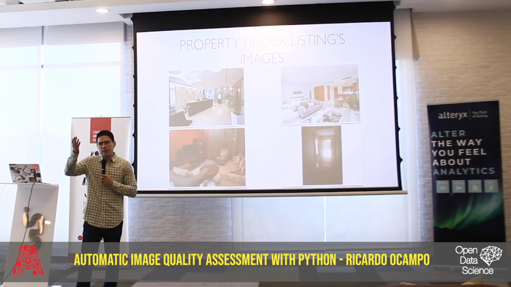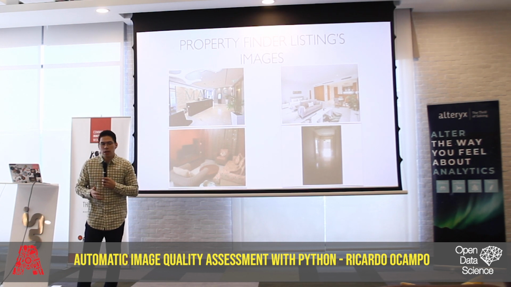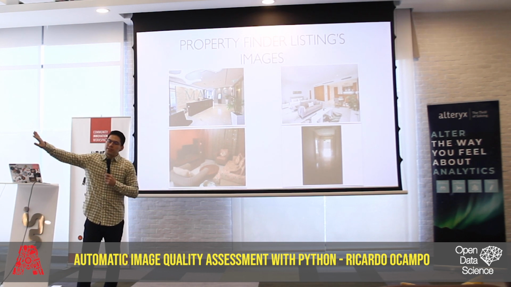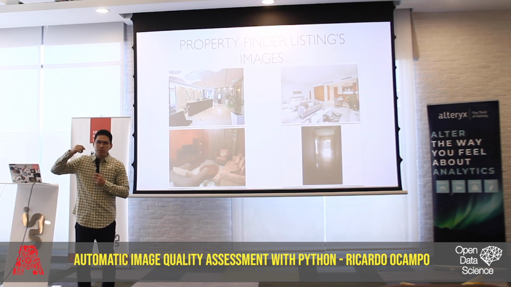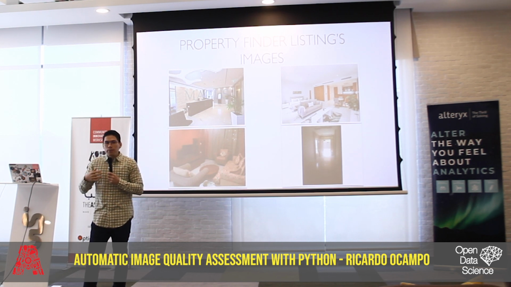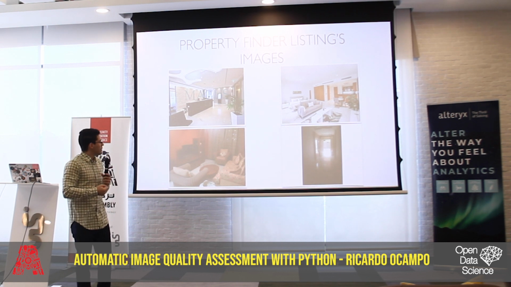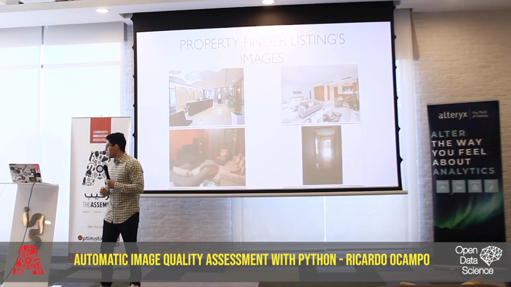The more expensive the property, the more common it is to have better pictures. But what happens with the rest, which is 80% of the listings? They don't care about the quality. They just take some images and upload them. And as we don't penalize this, they have fun. But we don't want them to have fun.